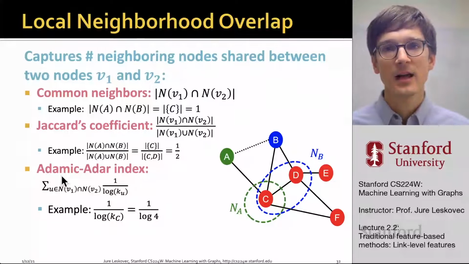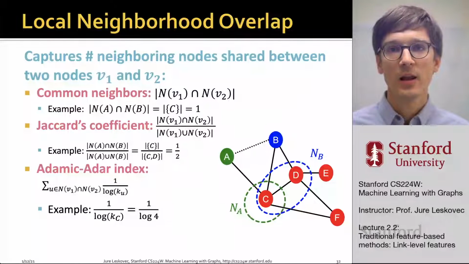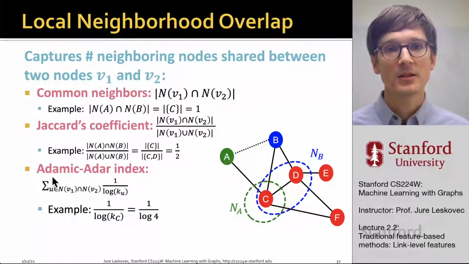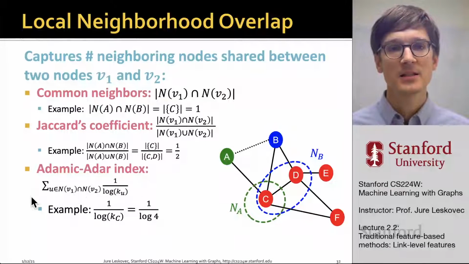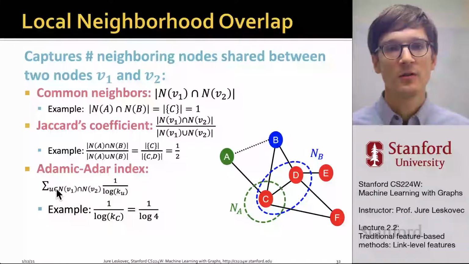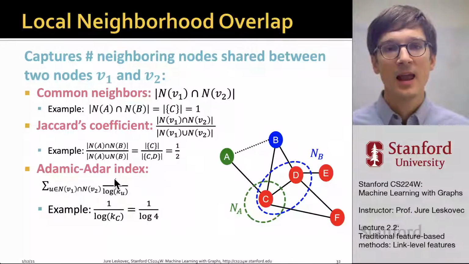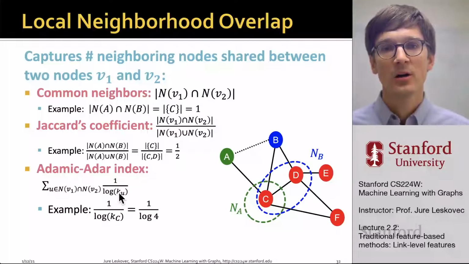The other type of local neighborhood overlap metric that works quite well in practice is called the Adamic-Adar index. It sums over the neighbors that nodes V1 and V2 have in common, taking 1 over the log of their degree.